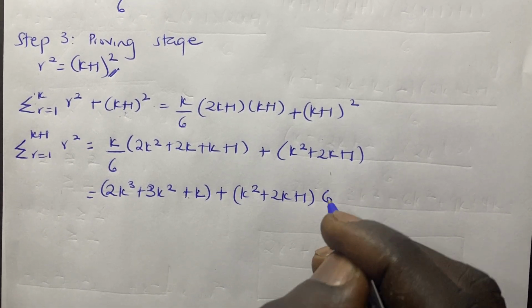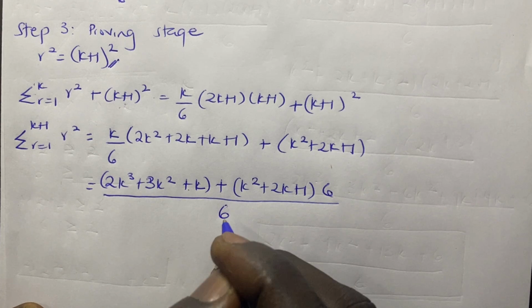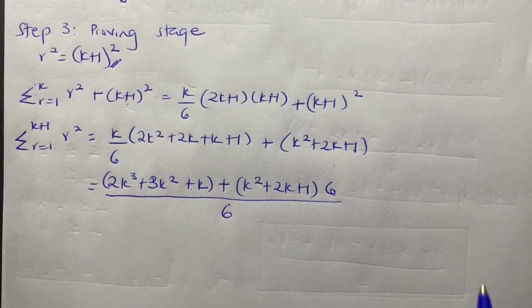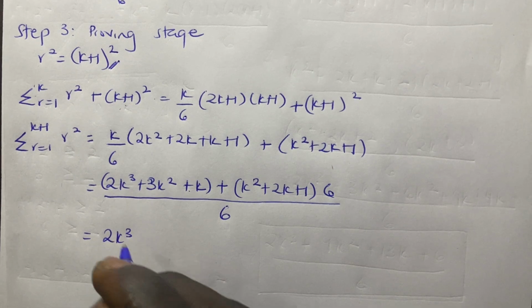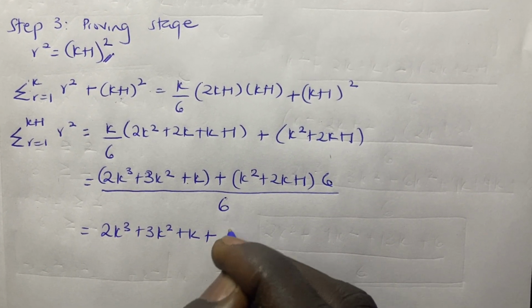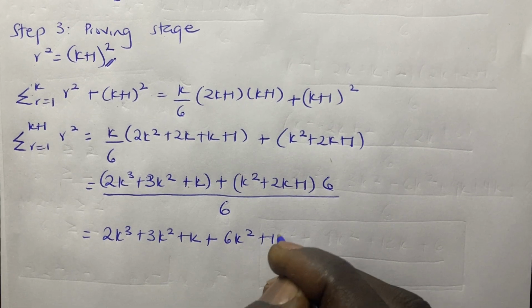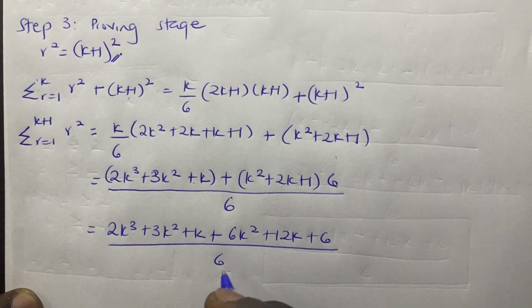All this multiplied by 6, that's when you find the LCM. Then now we can divide the whole expression by 6. So now we can expand this and then group like terms. So you are going to get 2k raised to the power 3 plus 3k squared plus k plus 6k squared plus 12k plus 6, all over 6, right?